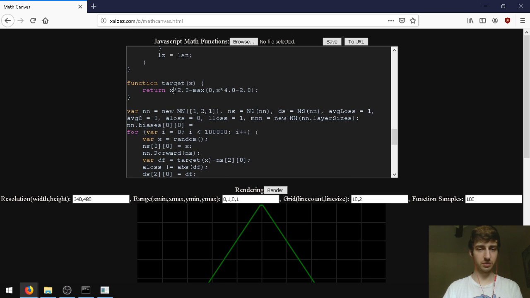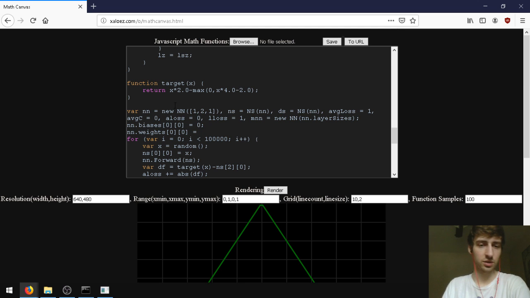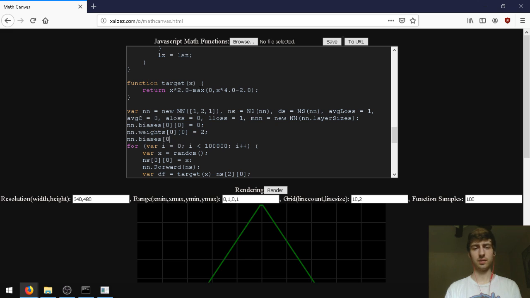We want this to be 0. Then we're going to fill in the weight. So the first weight we want to be 2. Now the second bias we want to be negative 2. And then the second weight we want to be 4.